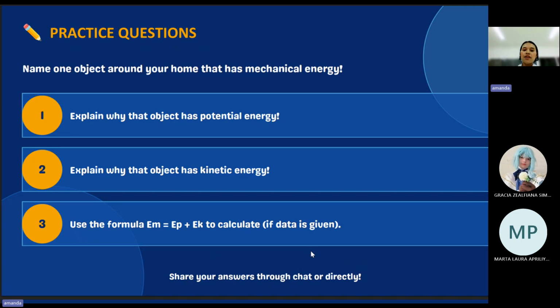Number three, if you have data, how would you use the formula EM equals EP plus EK to calculate it? And finally, please type your answer in the chat box right now, or feel free to unmute your microphone and share your thoughts directly with the class. I will give you a moment.